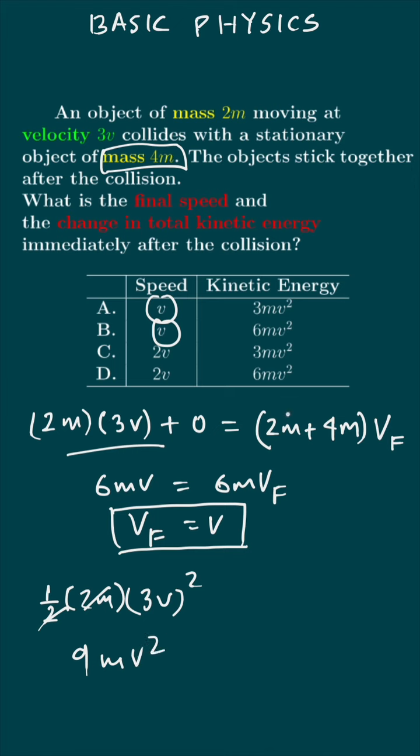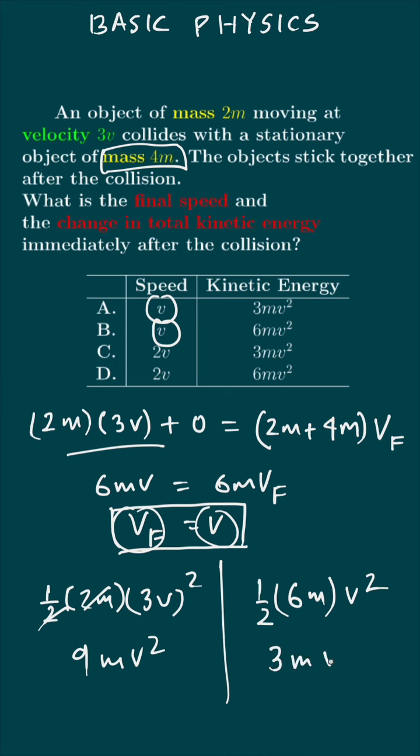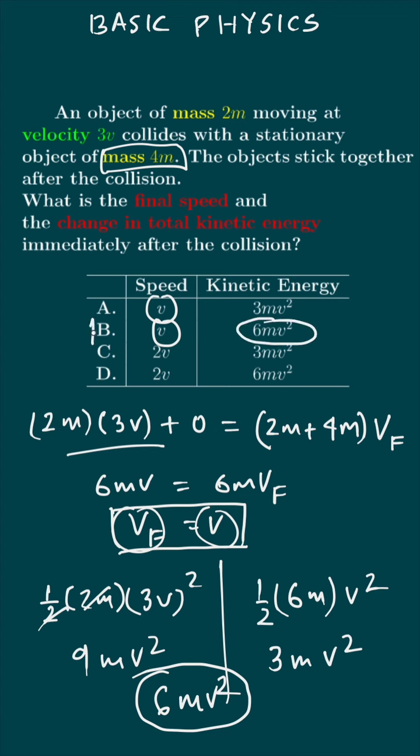The final kinetic energy will be half times 6m times vf squared, which is v, so it is v squared, giving 3m v squared. So the change in kinetic energy is 6m v squared. This is the change. So the answer is B.